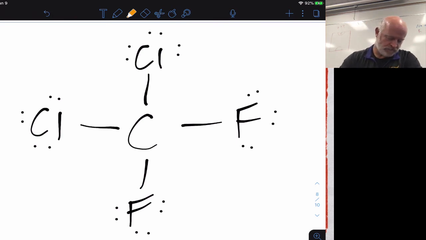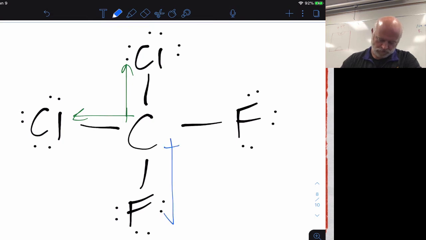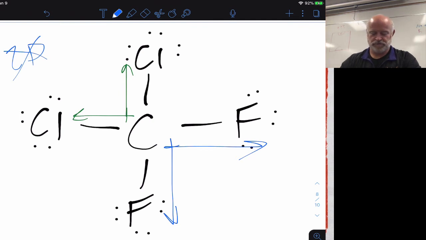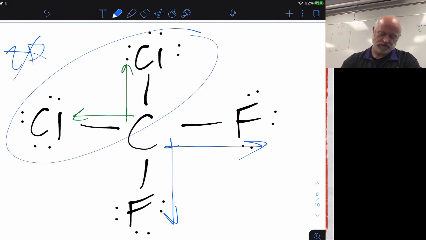So let me draw this up. We have pulling in this direction, and we have pulling in this direction. But the fluorine ones pull greater in this direction and in that direction. And because we know this is three-dimensional, and it is not a 2D molecule, where these cannot be opposites of each other, we do not have symmetry here. This side here is going to be less than this side here.